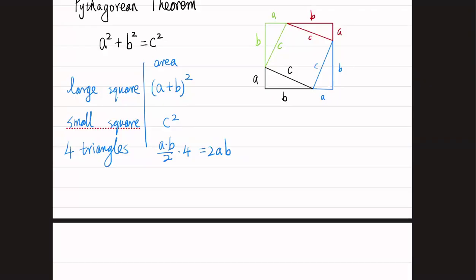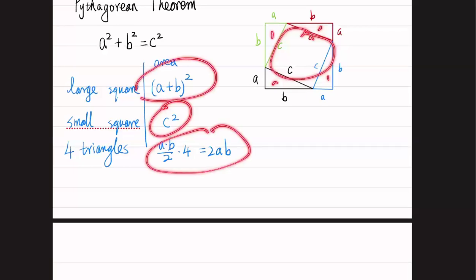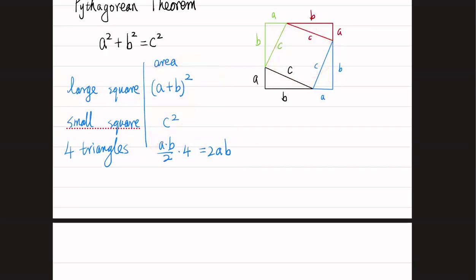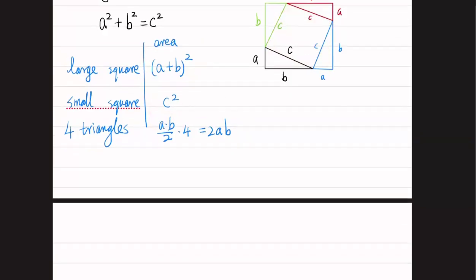Do you agree that if I add the area of the square with the 4 triangles, I should cover the area of the bigger one? Do you agree, Erin? Yes. Okay, so now let's write it down. From the observation, we have (a plus b) squared equals c squared plus 2ab.